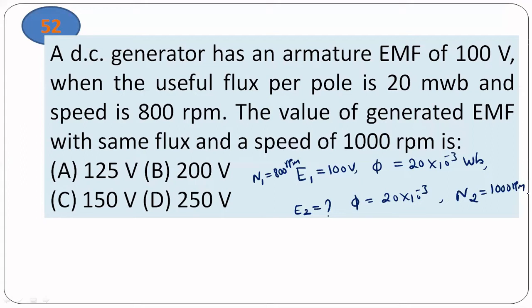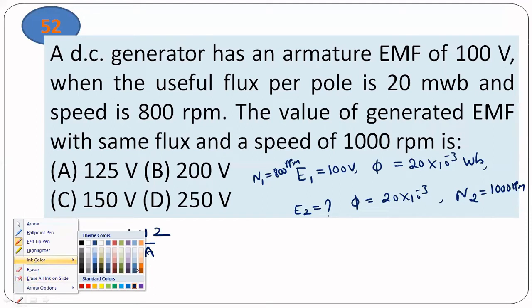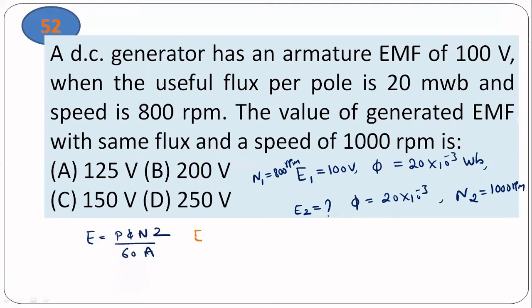Now basically, for a DC generator, we know from the EMF equation, E is equal to PΦNZ by 60, and from this we can deduce that E is proportional to N. Right.